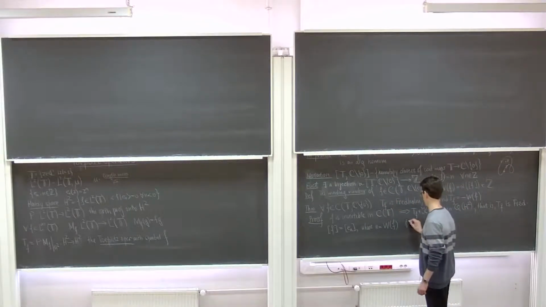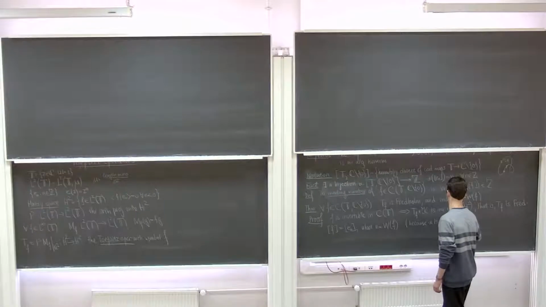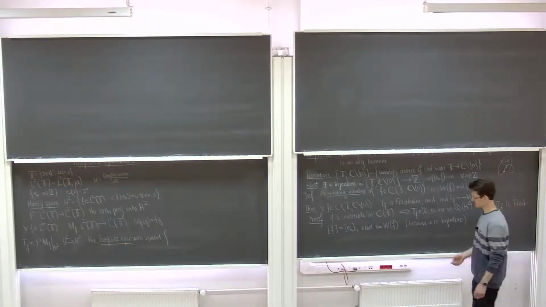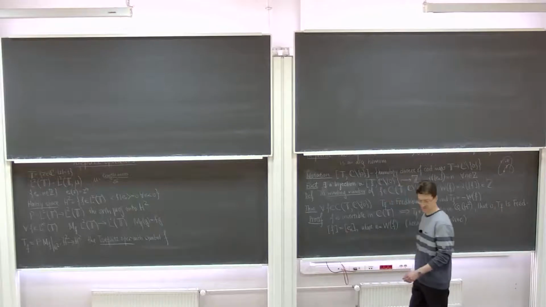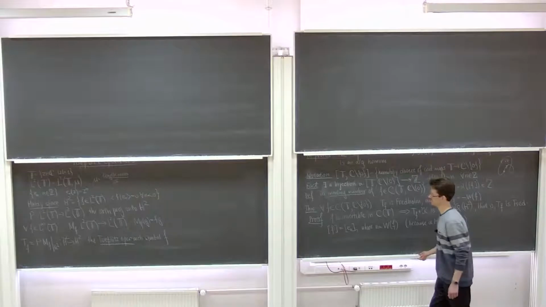This is exactly because alpha is a bijection. So, in other words, f and En are homotopic as maps from the circle to the punctured complex plane.